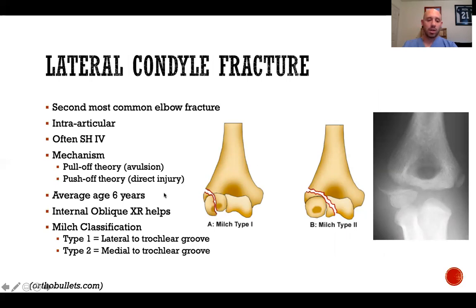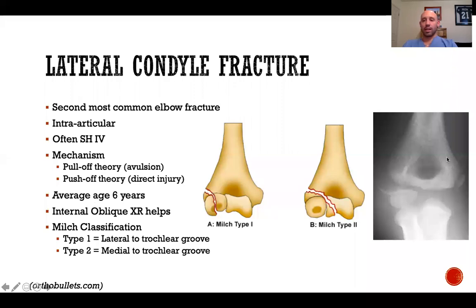And so it's going to be most of the time a type 4 by Salter-Harris classification, meaning that, again, it goes through the metaphysis, through the physis, and then the epiphysis. And a difference between Milch 1s and 2s is that the Milch type 1s are lateral to the trochlear groove, which is here, and the type 2s are going to go medial to that. And the consequence of going medially is it's a little bit more unstable.